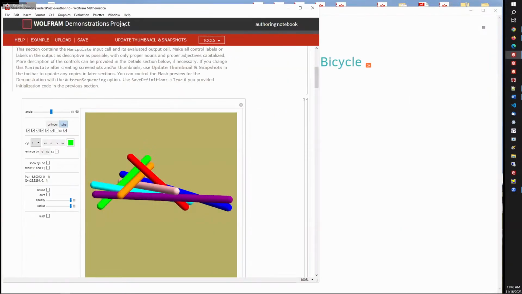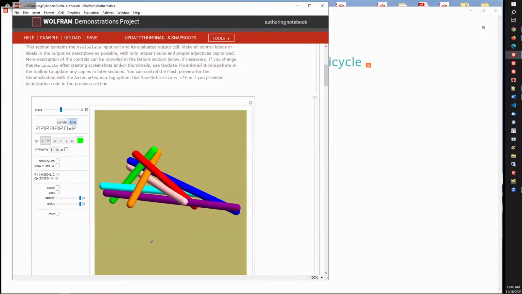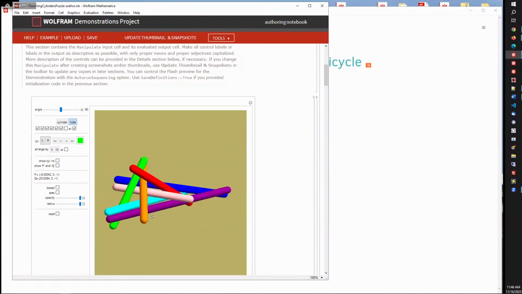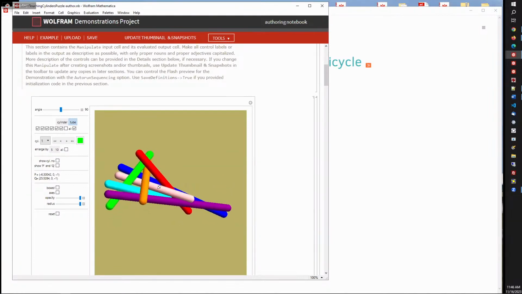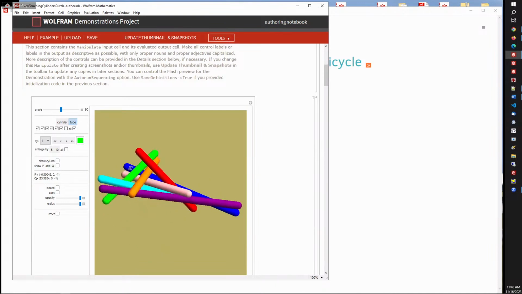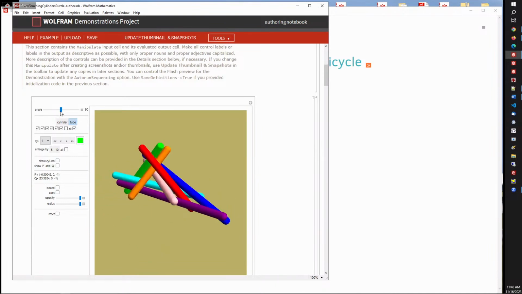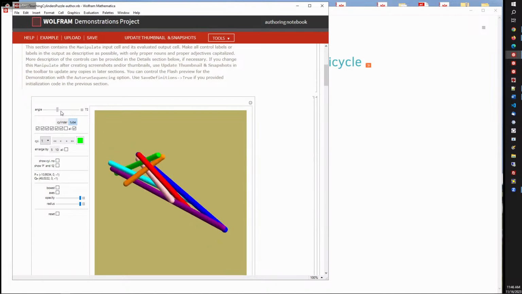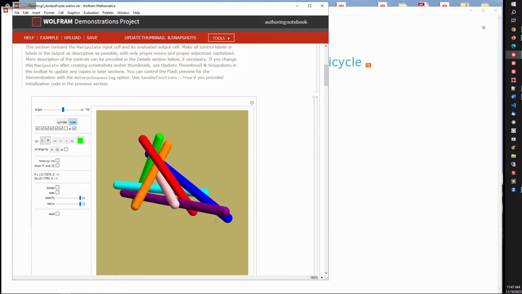So yeah, one more in back here. Here's something else that was found relatively recently, I believe 10 years ago. It's possible to have 7 cylinders all touching each other. And this is a way of doing it, and you can adjust the angle for these rods.